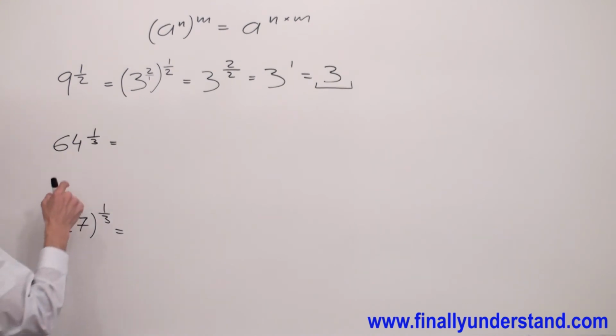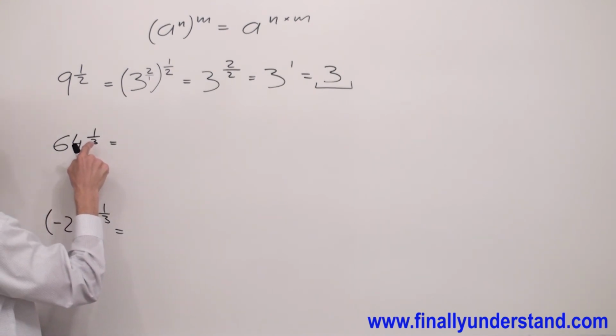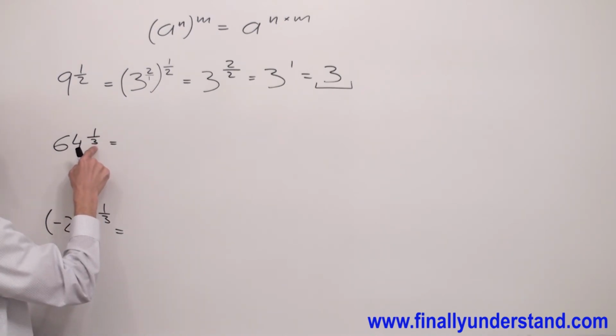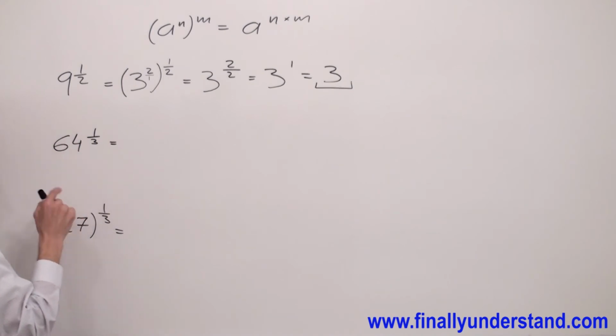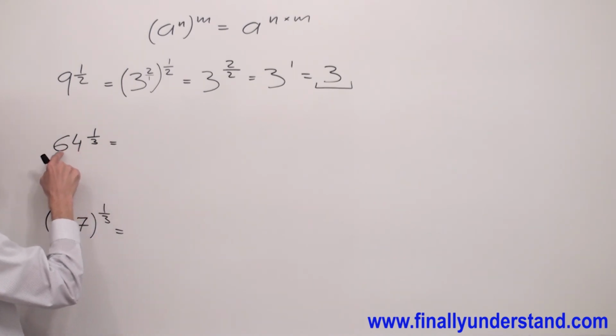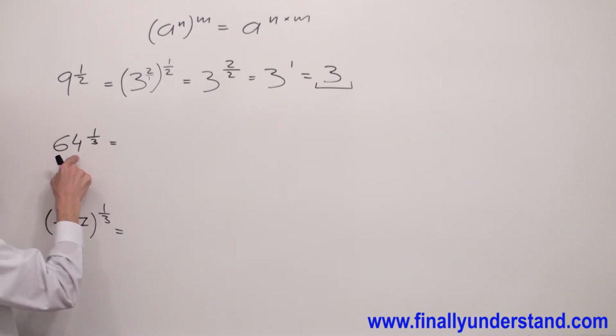Next, you have to look always at the denominator of your exponent, which is 3. And ask yourself the question, what number raised to the third power is going to give me 64?